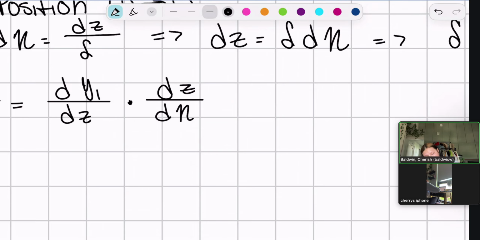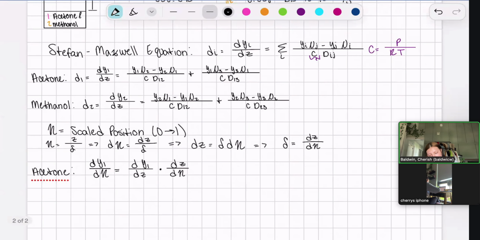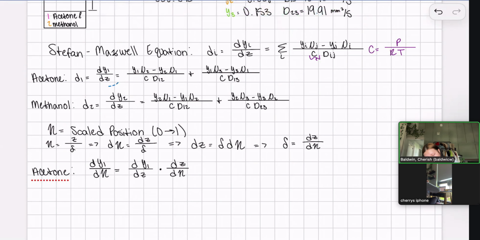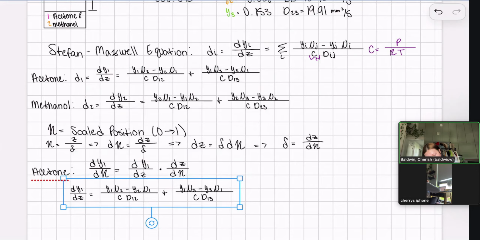So then now we can implement this into the Maxwell-Stefan equation. So let's just bring this down really quick.